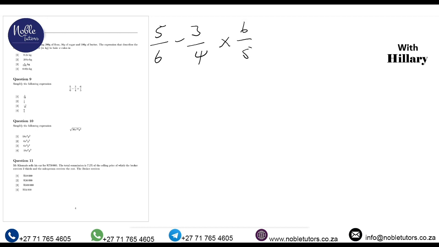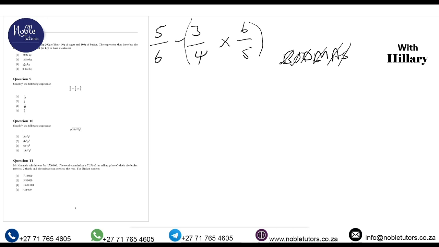So this is a fraction. When you're dealing with a fraction, you need to use what you call BODMAS. BODMAS states that we must deal with brackets first and then division, multiplication, addition, and subtraction. But here we can see that we have multiplication, so we need to deal with multiplication.